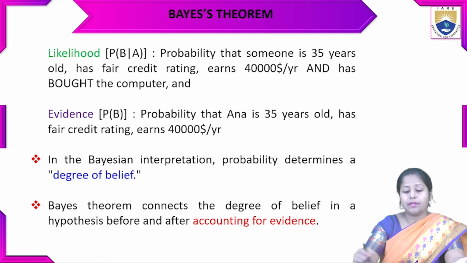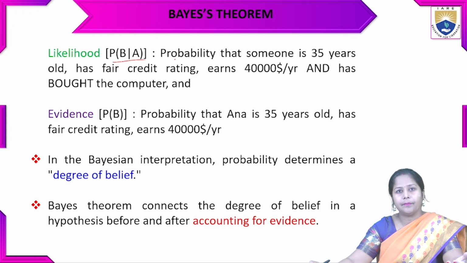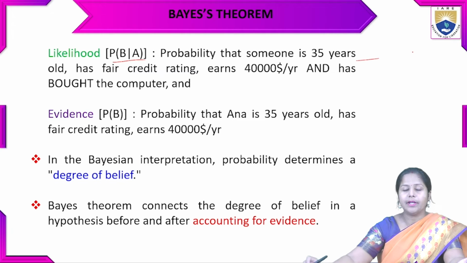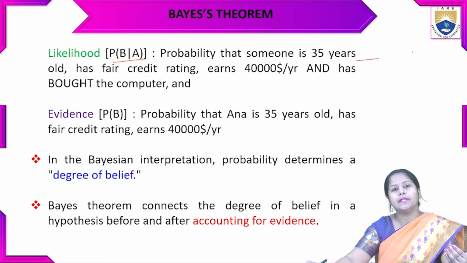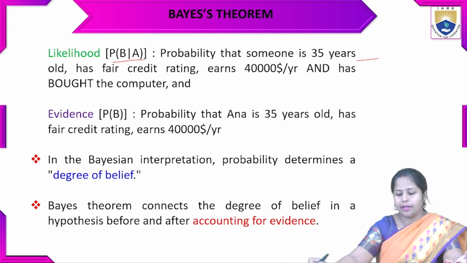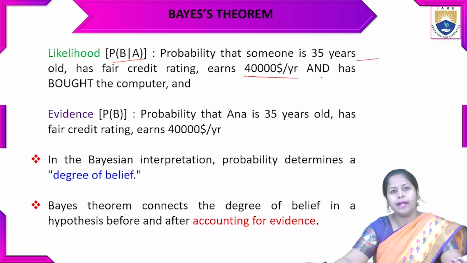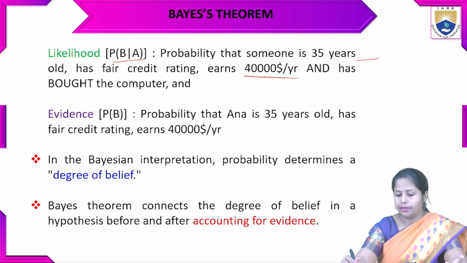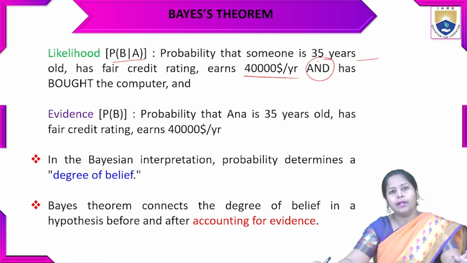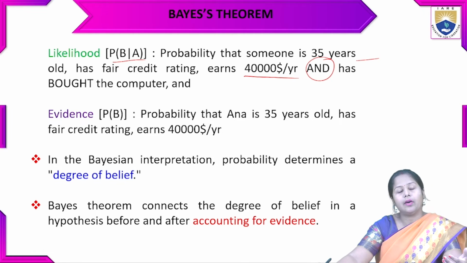Here the term is P(B given A). That will be the likelihood. That is the likelihood probability that someone is 35 years old, has a fair credit rating, earns $40,000 per year, and has bought the computer. So here all the conditions will be there in the likelihood.